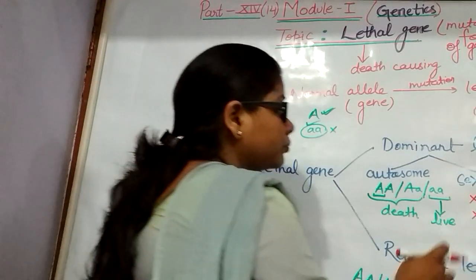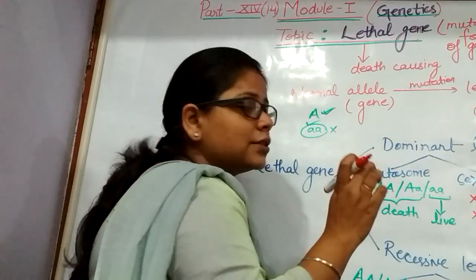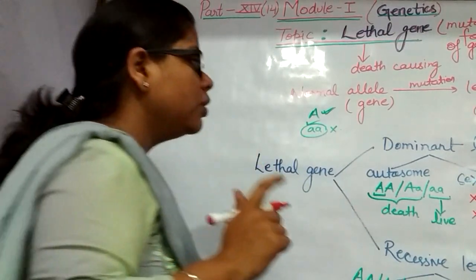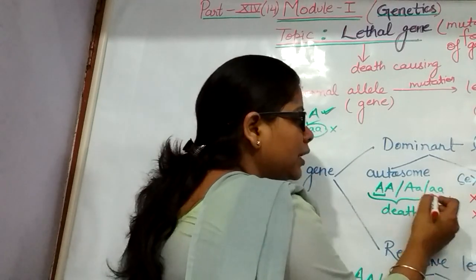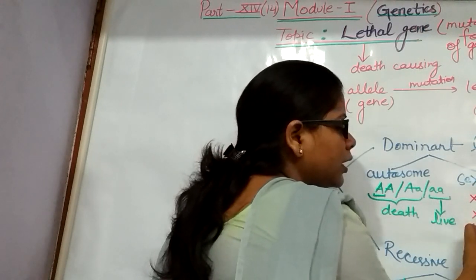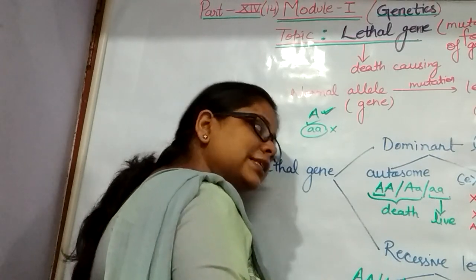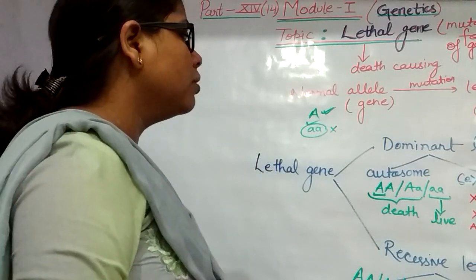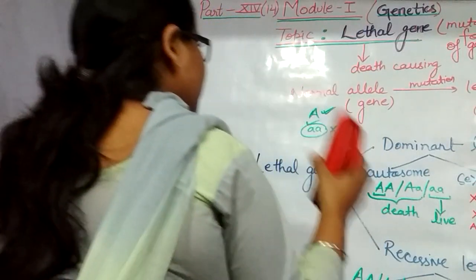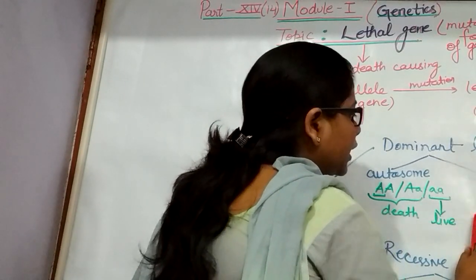So dominant lethal on the X chromosome can cause the disease in hemizygous condition, where capital A and small a can both come. Now I will discuss this in detail later on. I am going to discuss only autosomes here because this will create confusion.